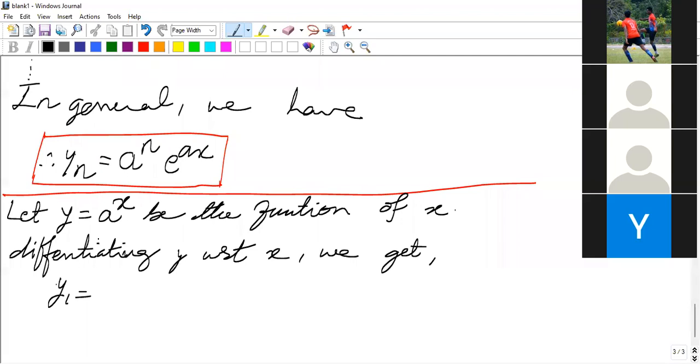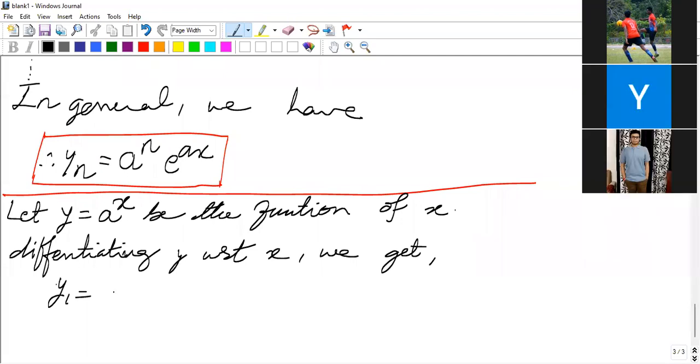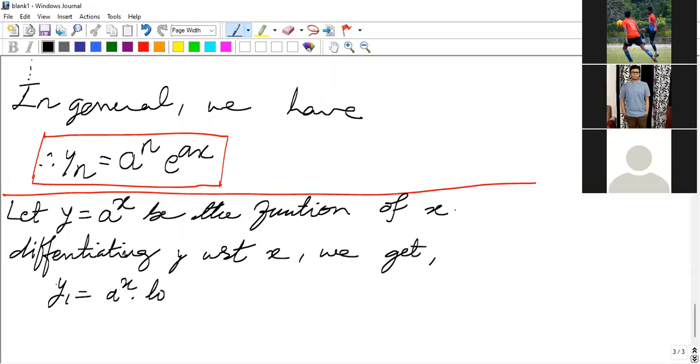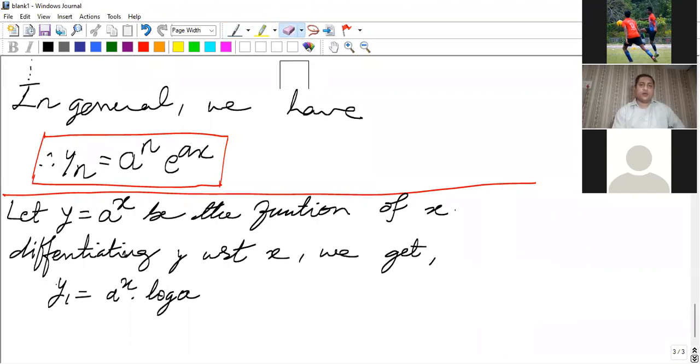So it will be a raised to x, and this is going to be log of a. But remember, when we talk about this log, it is going to be to the natural base, so it's log of a to the base e. So that is understood.